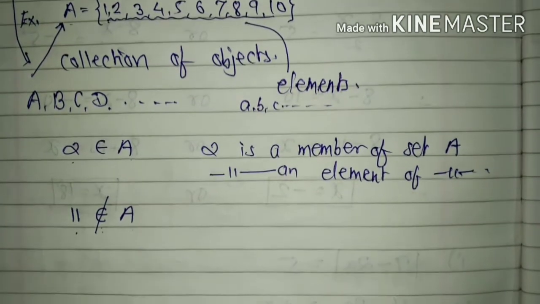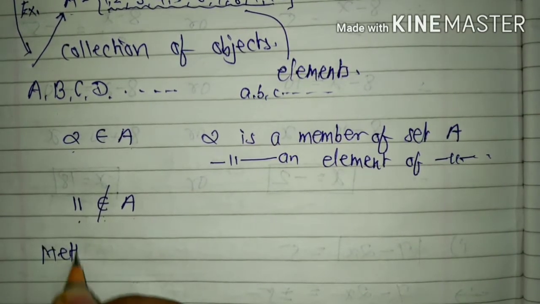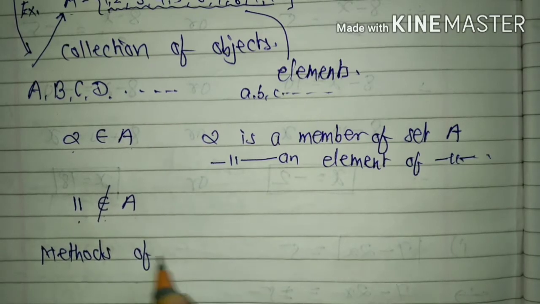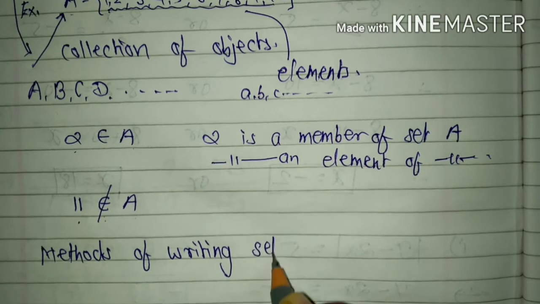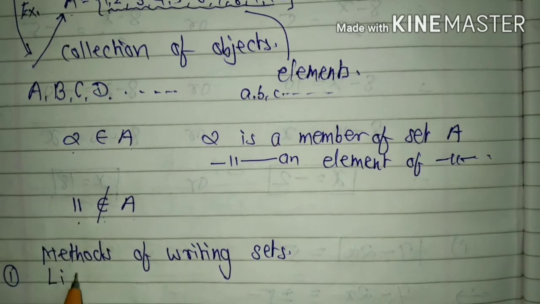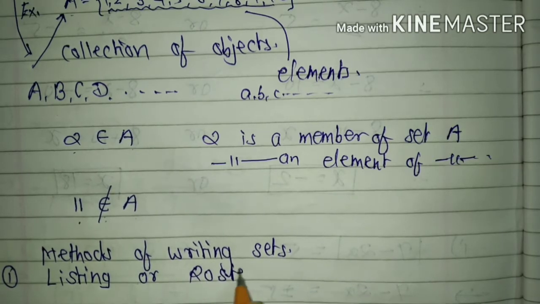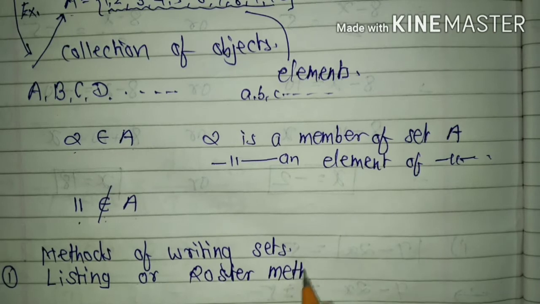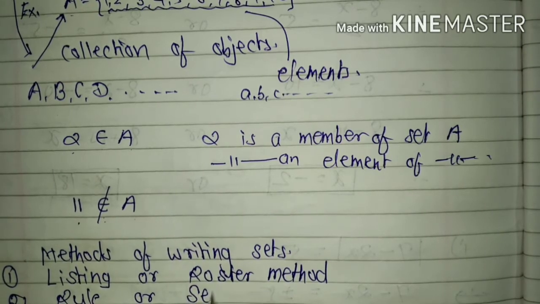Now let us see two methods of writing sets. So there are two methods. The first one is the listing method, or you can say the roster method, and the second one is the rule method, or you can say the set builder method.